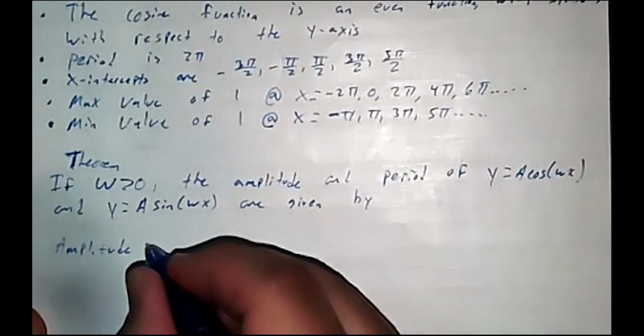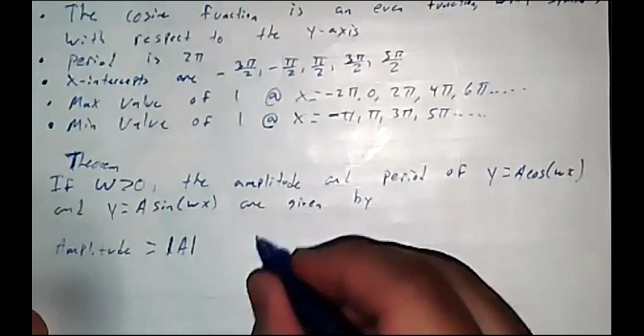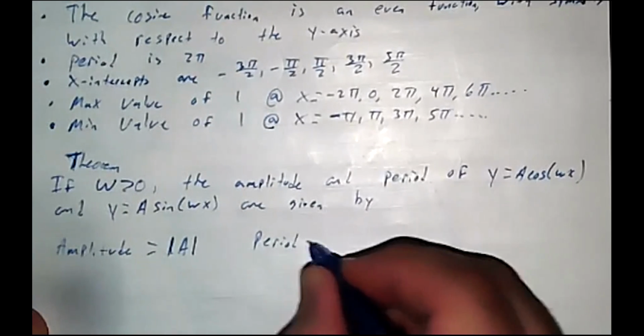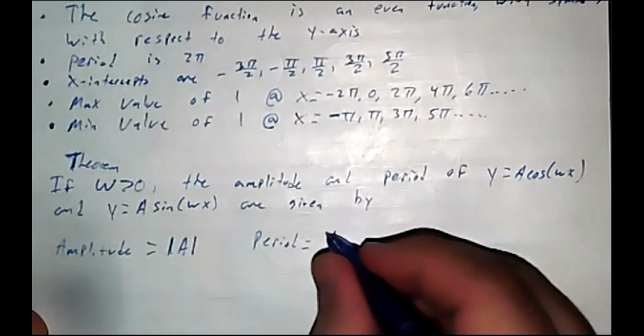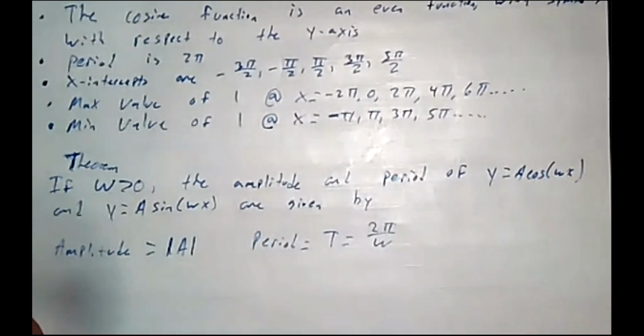Amplitude equal to the absolute value of A, period, we also call it T, equal to 2 pi over omega.